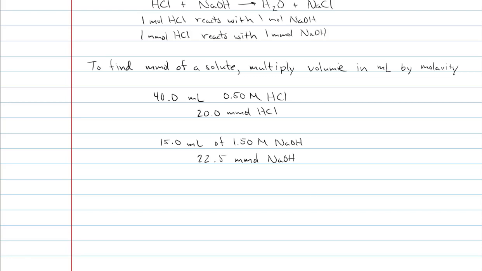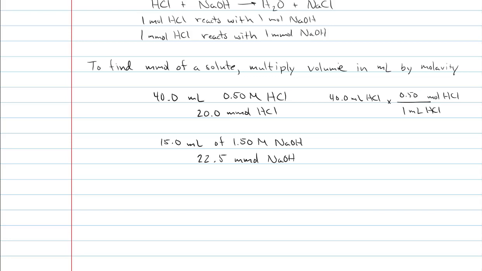Let me just prove why that's the case, why it's just a multiplication problem. So if I had 40 milliliters of the hydrochloric acid solution, we know that the definition of the molarity in terms of millimoles is for every 1 milliliter of the hydrochloric acid solution, there is 0.50 millimoles of hydrochloric acid.